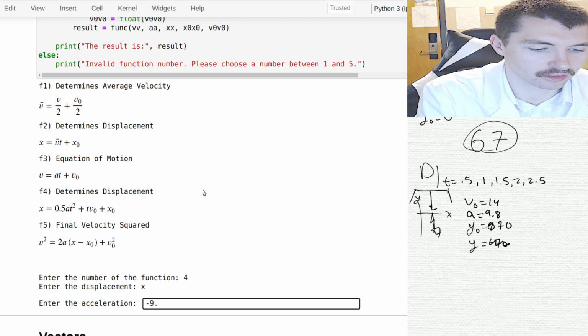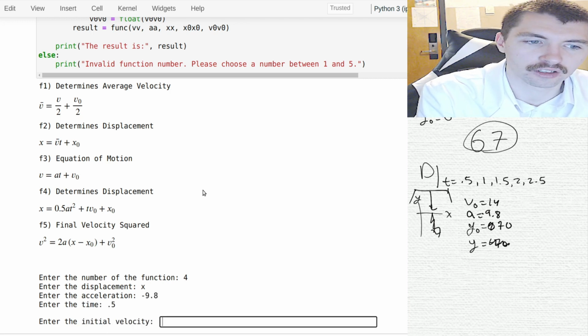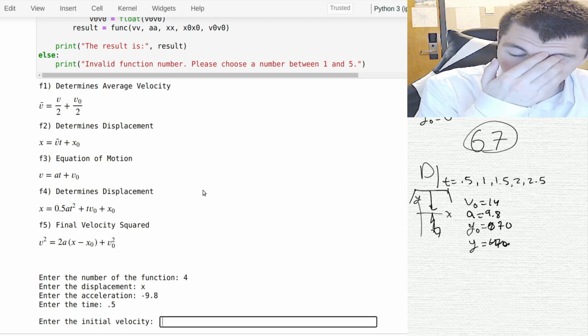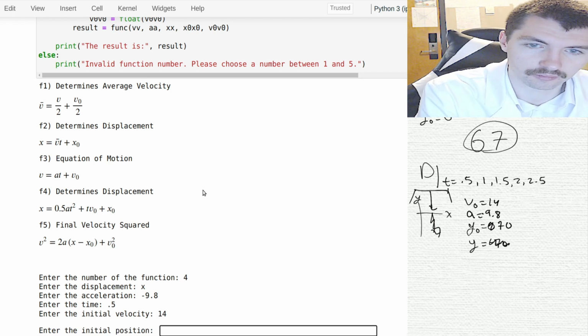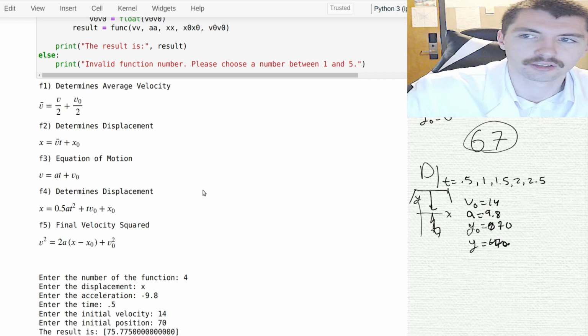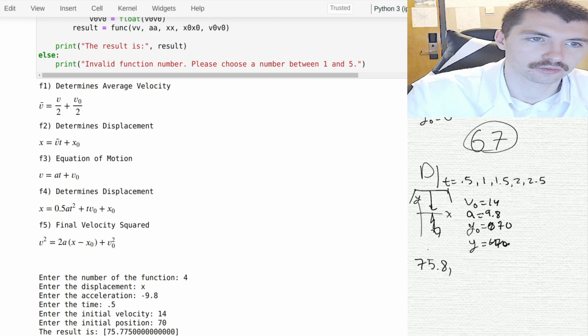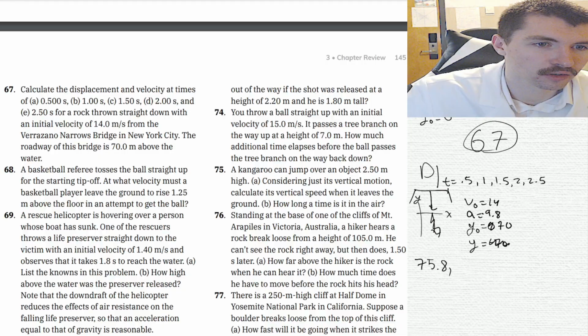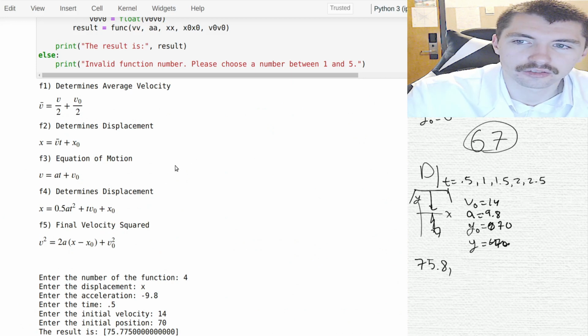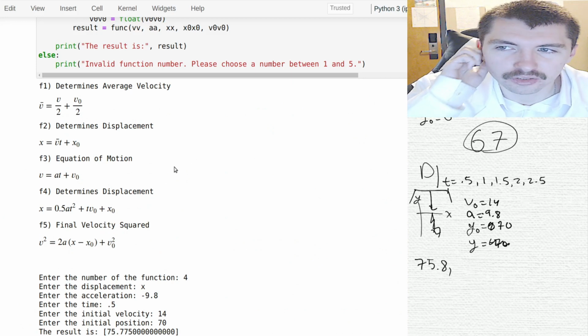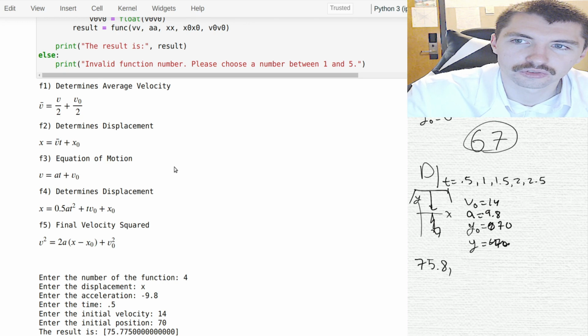Negative 9.8, 0.5, initial velocity 14, initial position 70. Okay, so we have 75.8 the first try. Are our units all the same? Meters, seconds. Okay, so this 75.8 meters is how far it dropped.